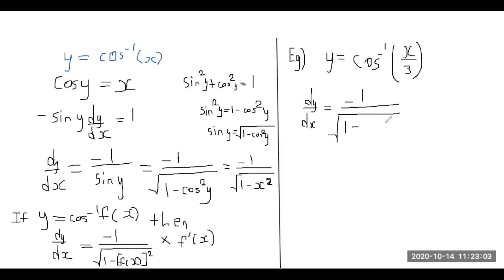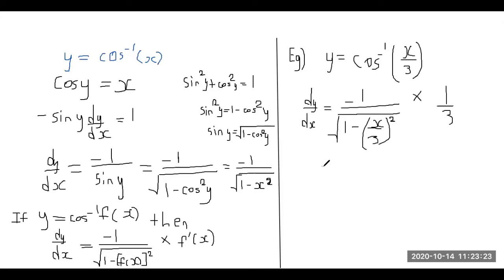So it's 1 minus, your f of x in this case is x over 3. So it's 1 minus x over 3 all square, times your derivative. When you differentiate x over 3, you're getting 1 over 3.